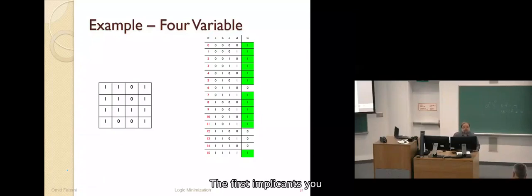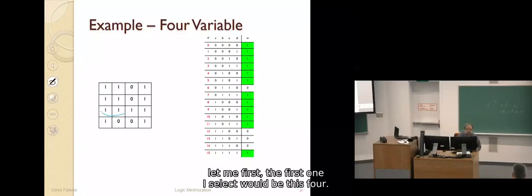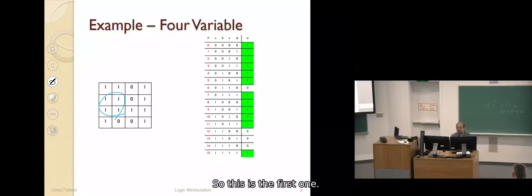The first implicant, you could tell me, or I select something. Let me first. The first one that I select would be this 4. I wish the 0 at the bottom was 1, then I could select all of the 8. But okay, that's 0. So this is the first one. The next one would be, let's put it another color.